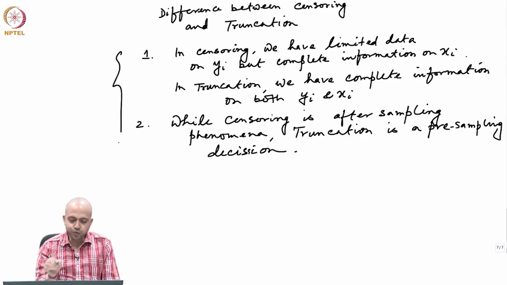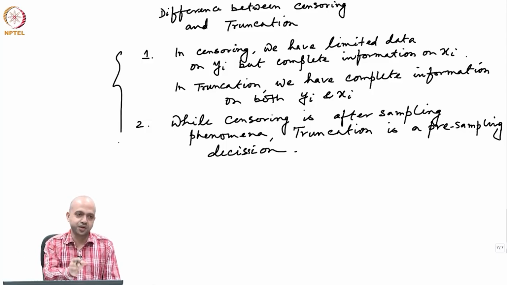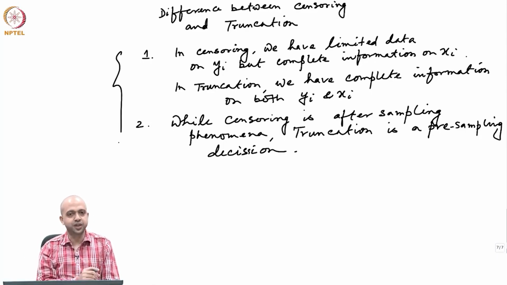And if at all you want to remove those observations and consider only the selected sample of car owners to estimate this, you need to apply a specific technique of estimation which is called truncated regression, which is quite different from the Tobit model estimation using the likelihood method, right.